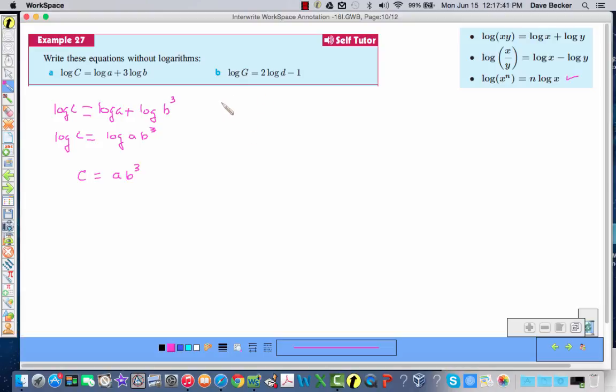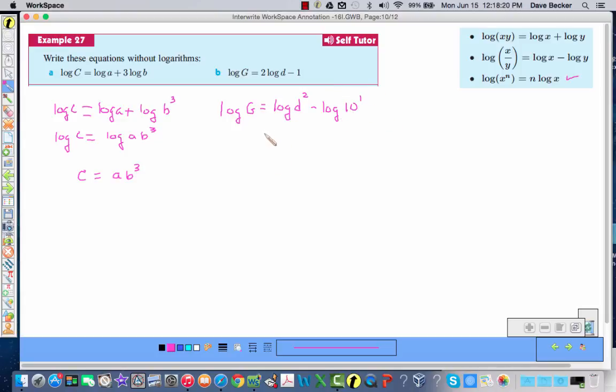Okay, so now we have log G, and I'm just going to manipulate the right-hand side here. I'm first going to write this as log D squared, and my goal here is to write this right side as a single logarithmic term. From the previous video, I know that I can rewrite this as log of 10 to the first power, because log base 10 of 10 is equal to 1 for sure.